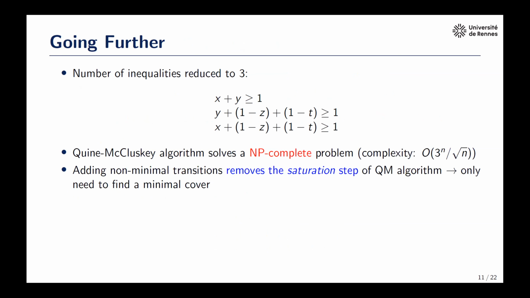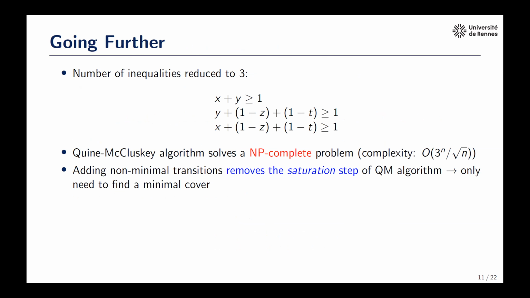And actually, this is an NP-complete problem, and the complexity is exponential in both time and memory. So you are very limited on the number of variables you can handle with this technique.